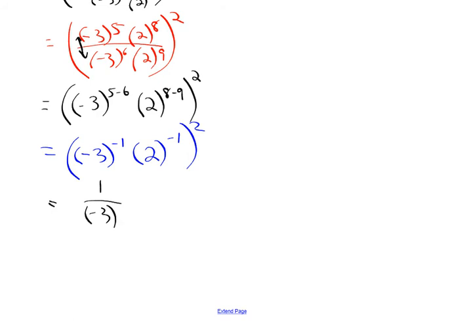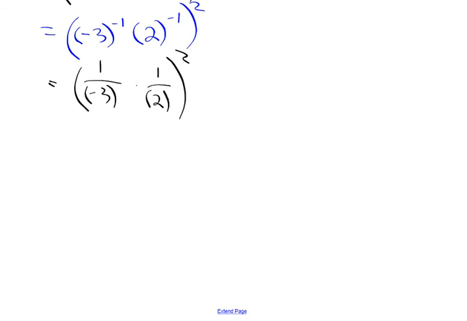I'm going to keep that in brackets right now. And I've got 1 over 2 squared. Let's multiply those together. I got 1 over negative 3. That's negative 1/3 times 1 over 2.